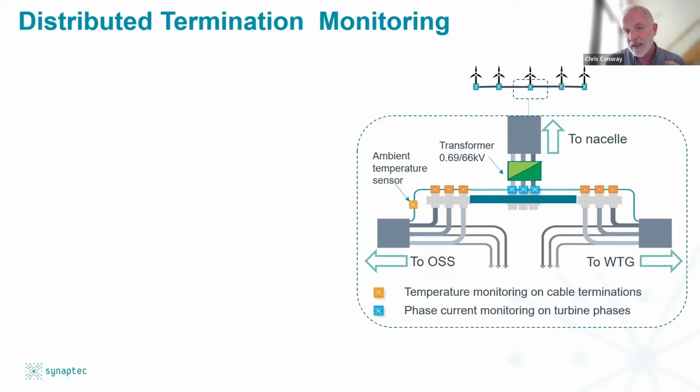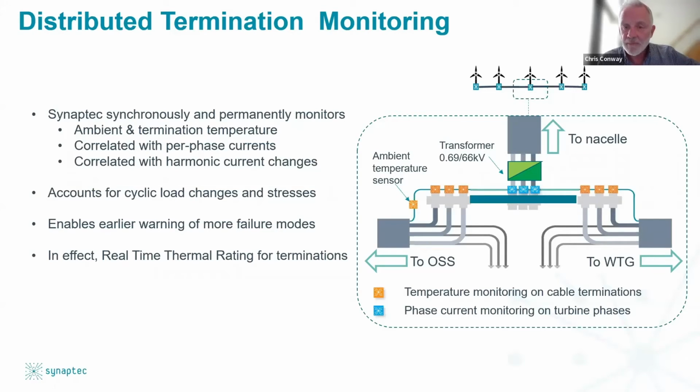We're monitoring, as you can see from the diagram, the phase current of each phase. We're also monitoring the temperature on the outside of the termination boot, and the ambient temperature as well. That's repeated at each turbine.